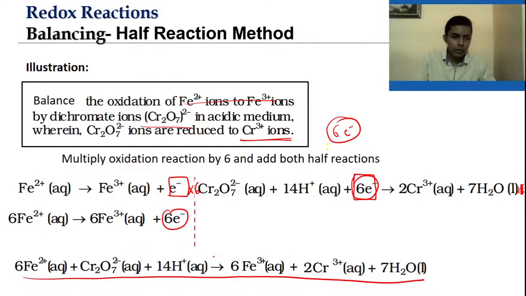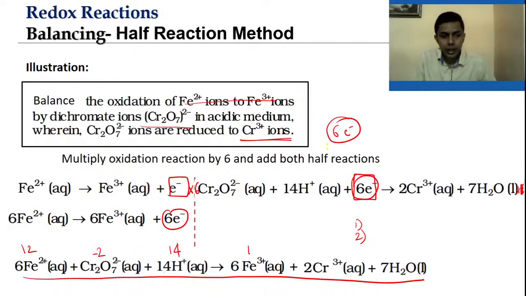You can cross verify this answer by two steps. In the first step, all the entities should be balanced. As you can see here, Fe is balanced, chromium is balanced, oxygen is balanced, hydrogen is also balanced. And second, charge balance should be there. 6 into 2, 12, 2 minus, or minus 2, 14 into 1, 14.